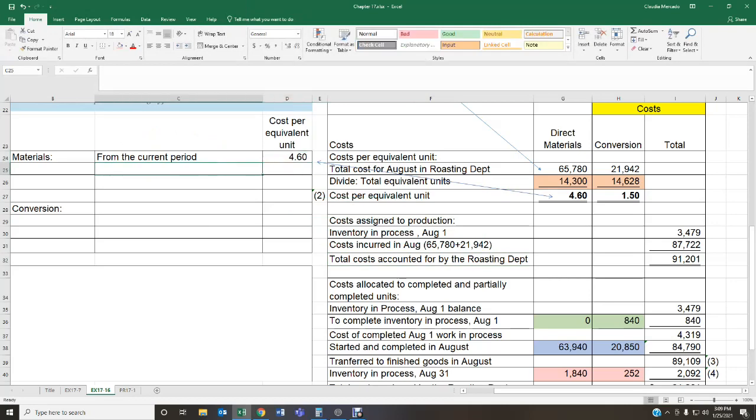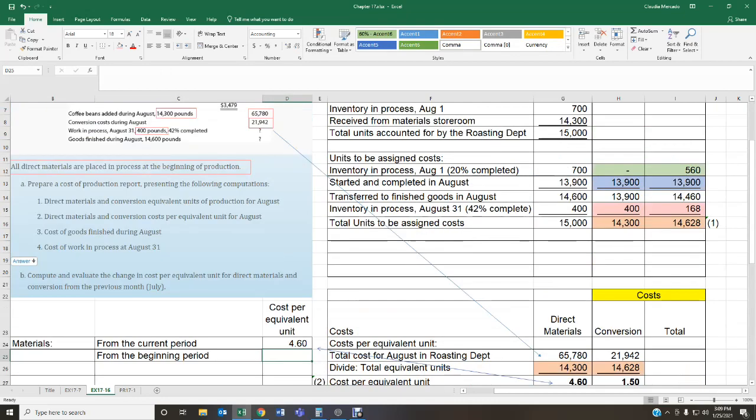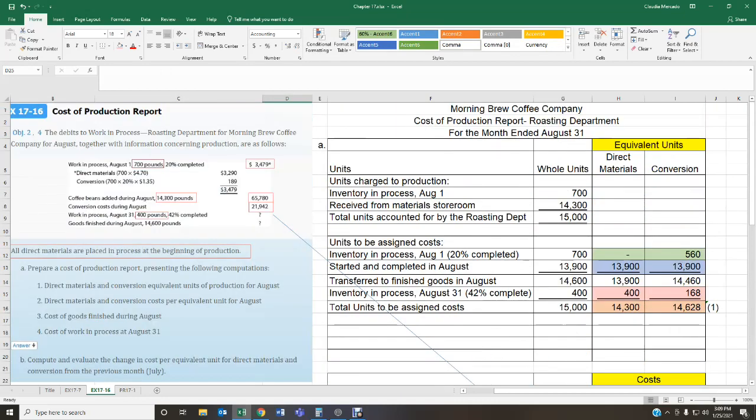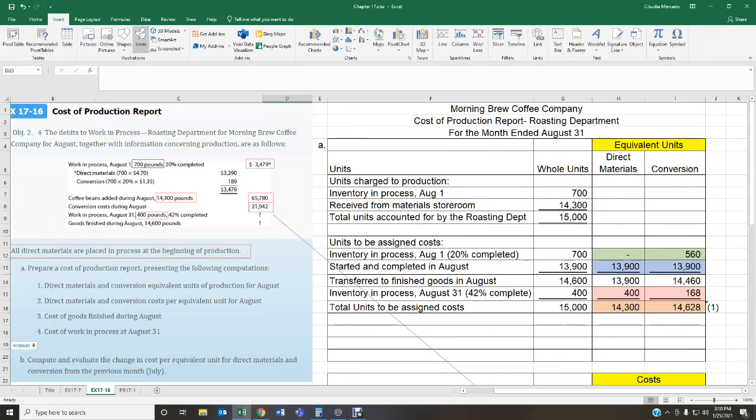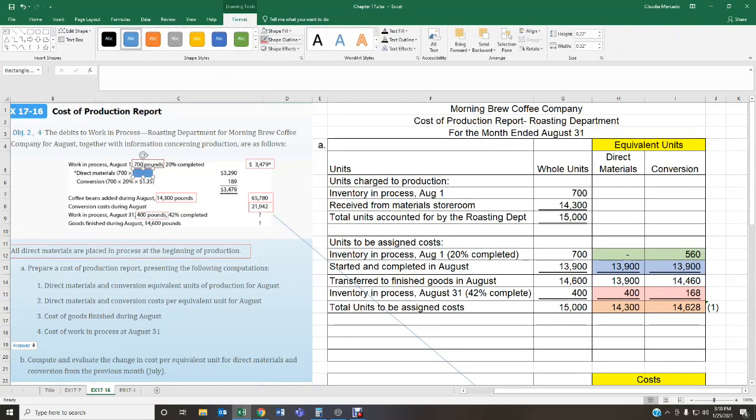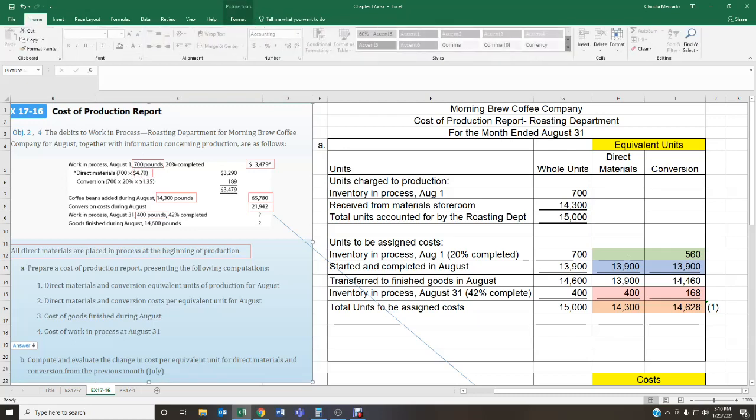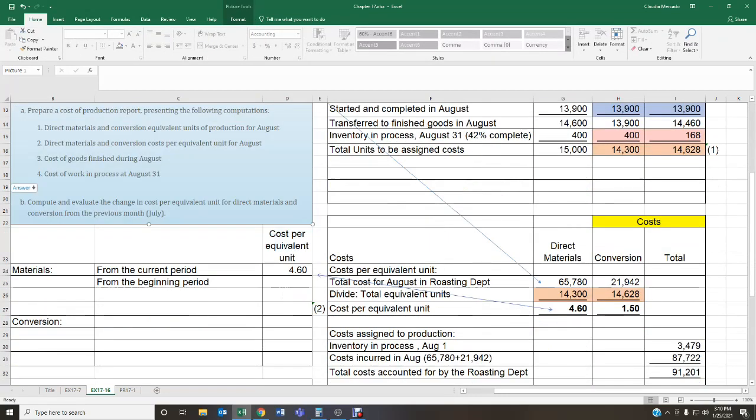Now, we're going to compare that from the beginning of the period. Where am I going to get that number from? Well, if we look up here, it tells me that my direct materials were $4.70 as of August the 1st or the end of July, whatever you want to call it. So it's $4.70.